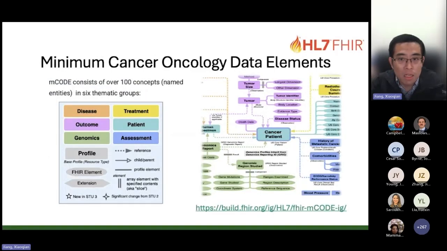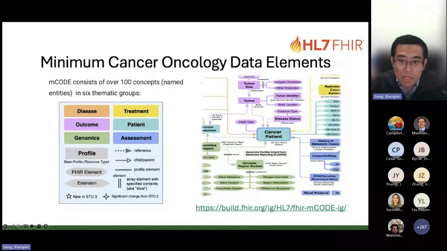We picked mCode, which is the Minimal Common Oncology Data Elements, as one example, which has 100 concepts with about 40 kinds of relations. It's not a tree structure. As you can see, it also has relations across different entity domains. There are basically 6 big groups.